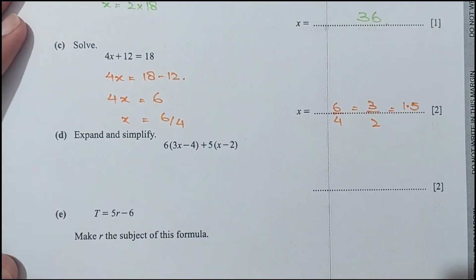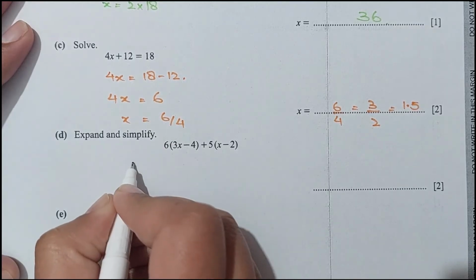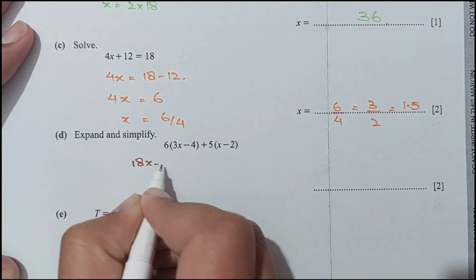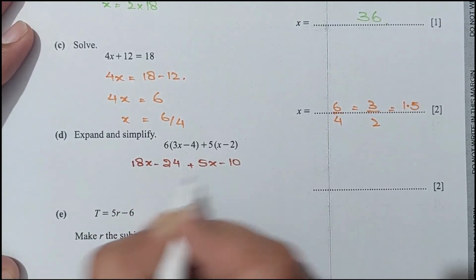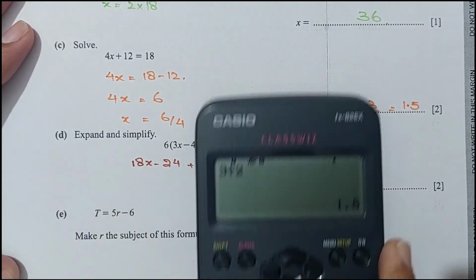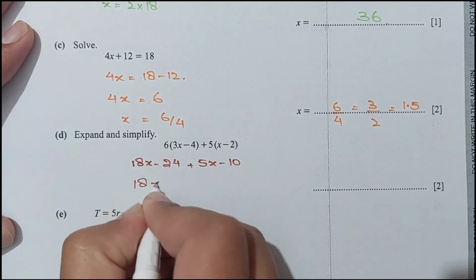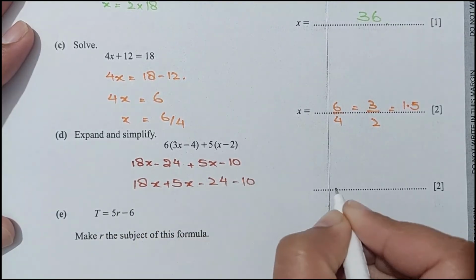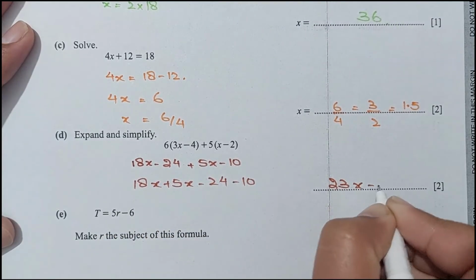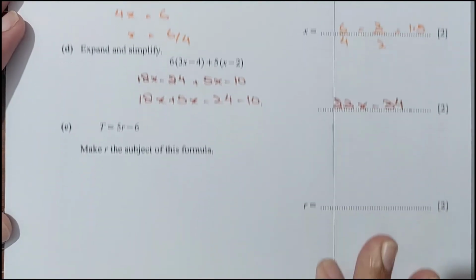Now for part D, expand and simplify. So expand 6 first. 6 times 3 is 18x, 6 times 4 is 24, 5x, and 5 times 2 is 10. 18x and 5x becomes 18 plus 5, 23x. 18x plus 5x minus 24 and minus 10. 23x minus 34, because 24 and 10 add up and the sign is negative.